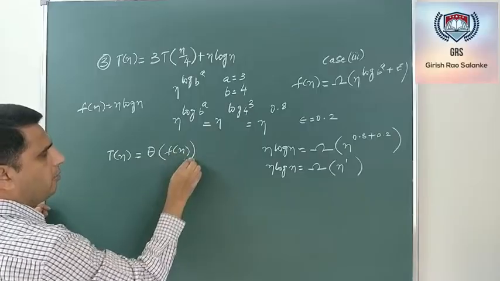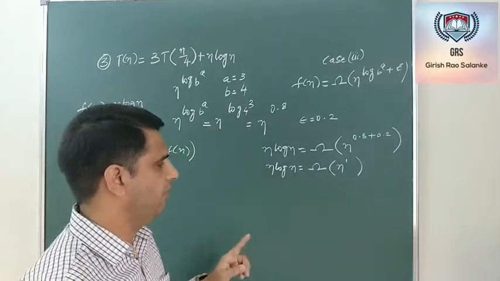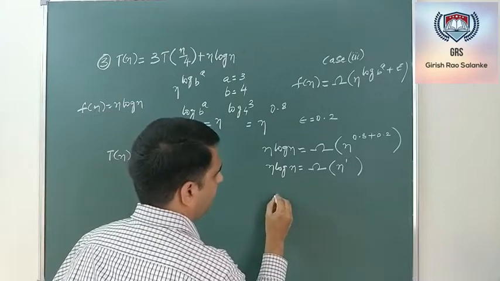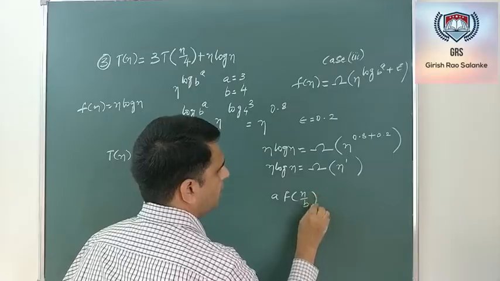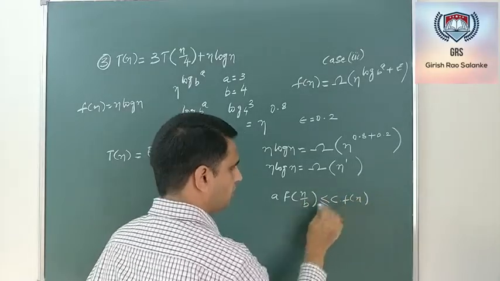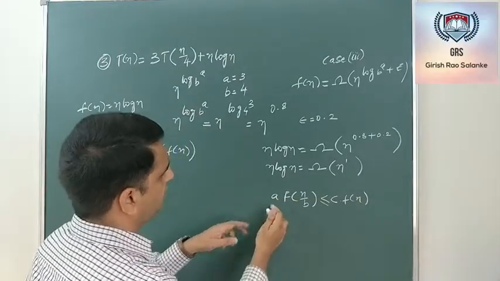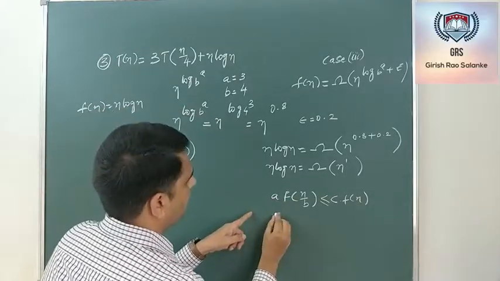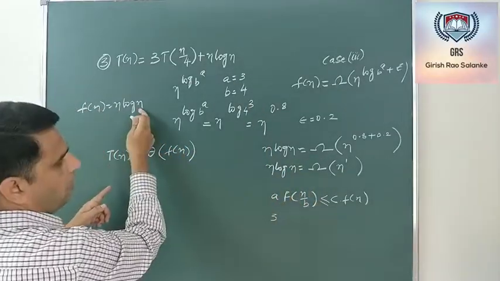Before this, there was one more condition, wherein it states that c into a into f of n by b should be less than or equal to c into f of n. This was the other condition. Let me check this condition. First, what is the value of a? a value was 3. f of n by b: what was the f of n? f of n was n log n.